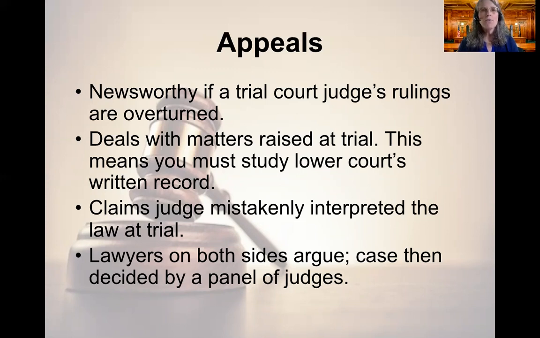So if an appellate court is willing to hear the appeal, then the prosecuting attorney also has to go and make a statement in this particular process. And then the case is decided by a panel of judges. So on appellate courts, you have about 3 judges, and so they're going to decide whether to grant the appeal or not. And that concludes this process on the criminal trial proceeding.